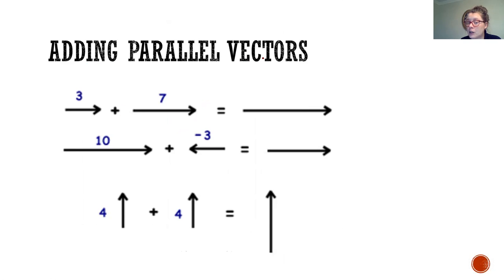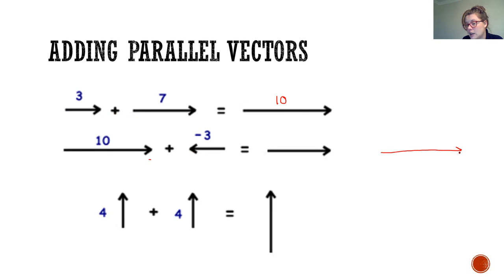So if we have parallel vectors, two vectors in the same direction, we just line them up tip to tail and add them together. So we have 3 plus 7 more, both in the right direction, gives us a vector of 10. Should really have units, and it's 10 in the positive direction. Here we have 10 plus -3. If I put those using tip to tail, I'm going to resketch it.